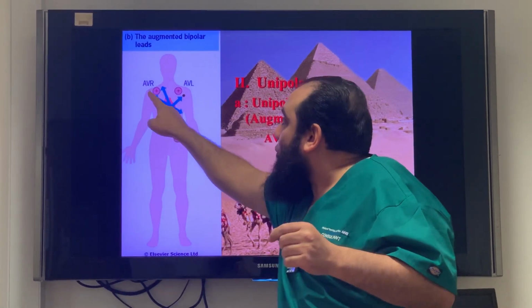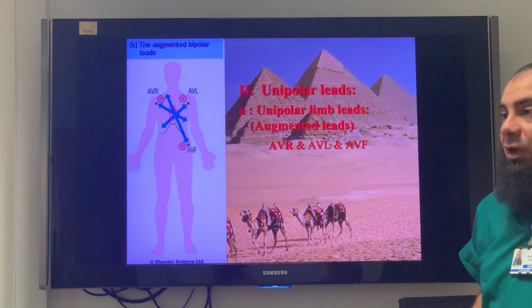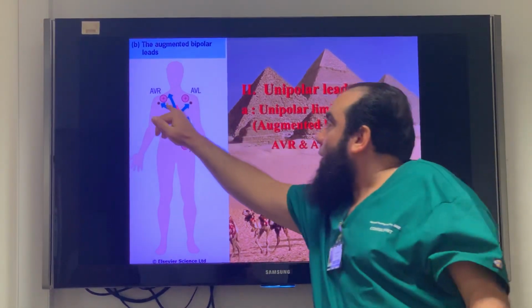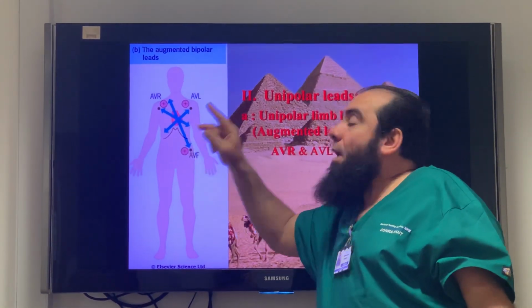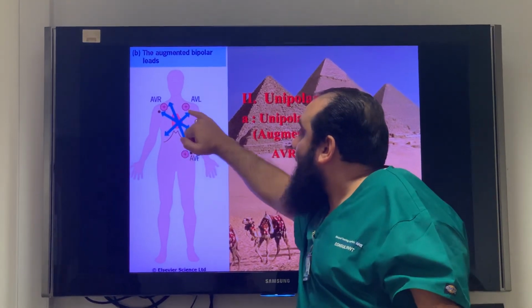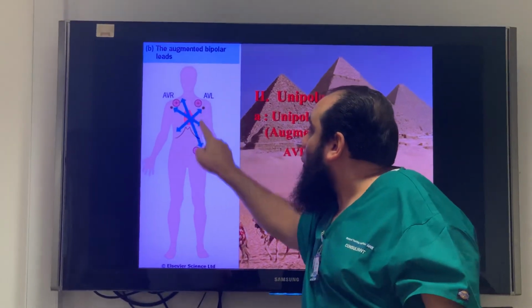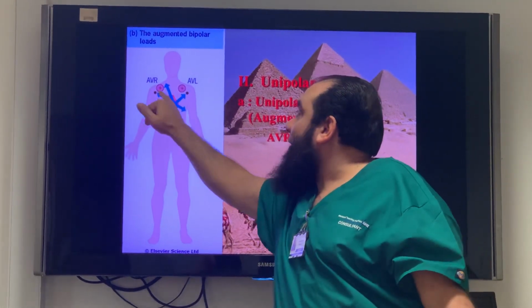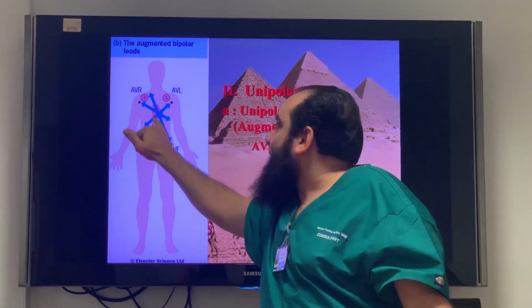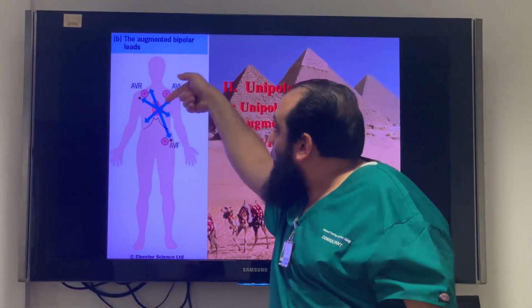Then aVR is going to record towards that point. Have you got it? So aVR is going to record toward a point when it comes equal on the other side. So here and there is going to be, for instance, 0 at that point. So the view of aVL will be that way.